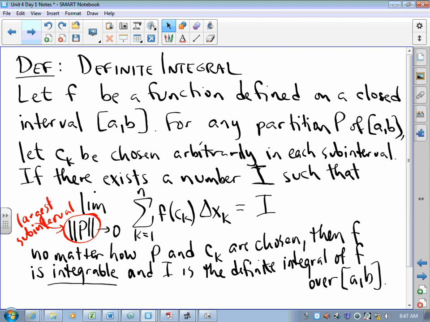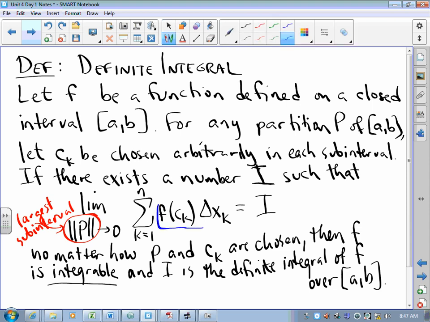And if you do, then we have to eventually let the largest subinterval get smaller and smaller. In other words, when we say the norm is going to 0, we mean that the number of rectangles is getting larger and larger.